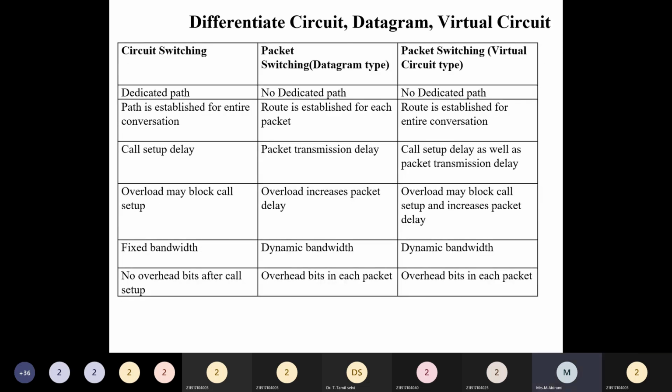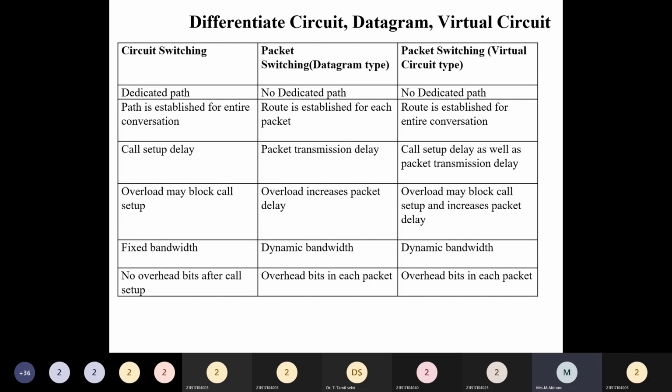So this is the difference between circuit switching, datagram and virtual circuit. Decided path, no decided path, no dedicated path. The same differences are used here. Okay, the call setup delay, packet transmission delay. So the packet transmission delay depends on the call setup. So overload occurs for both in a manner.